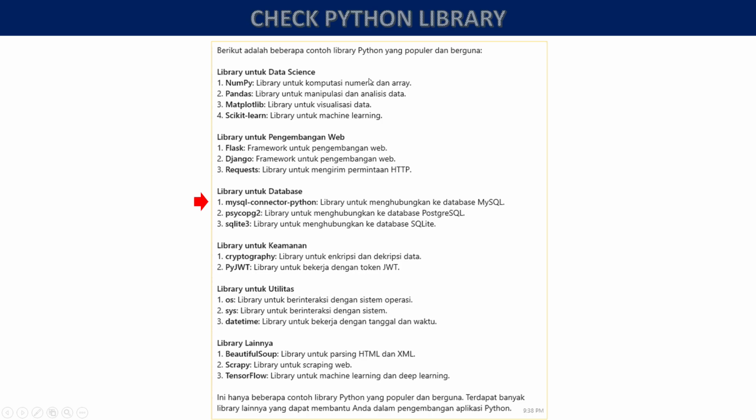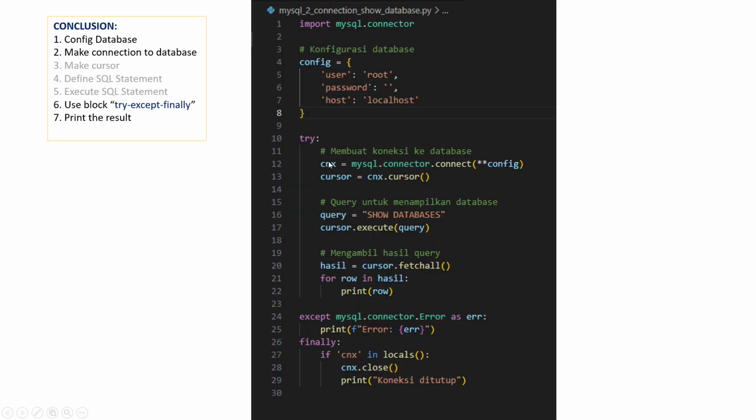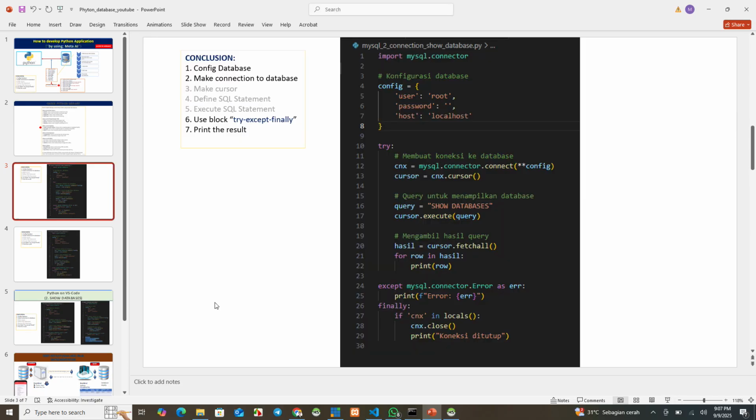This is a library of Python, and this is an example, the conclusion of the script. We have 7 conclusions. The first one, make a configuration of the database, make a connection to the database.